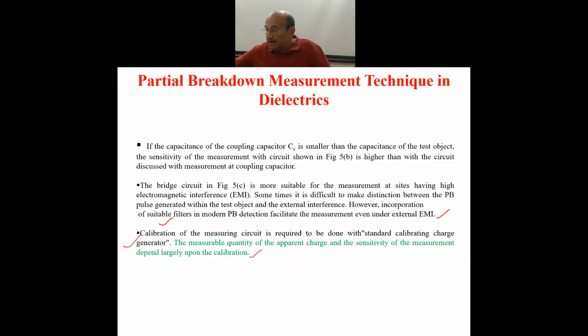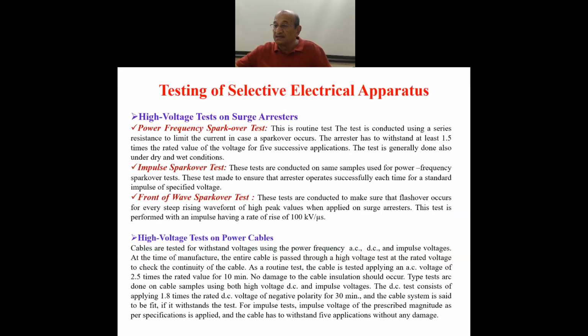Yes, we are coming towards the end of this lecture. High voltage testing of selective electrical apparatus is also done. Every apparatus, when you test or measure different parameters of the quality of its dielectric, requires slightly different techniques in connection and detection.